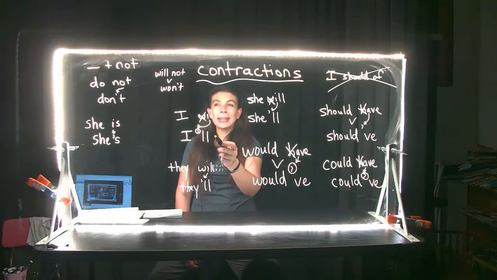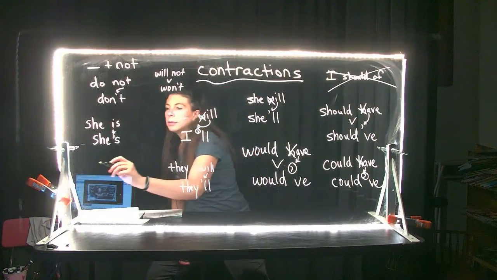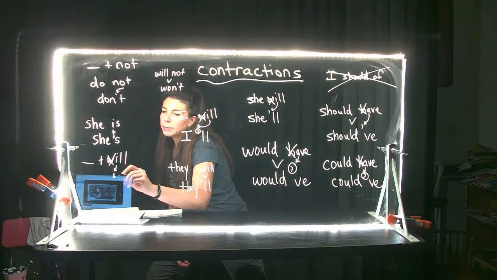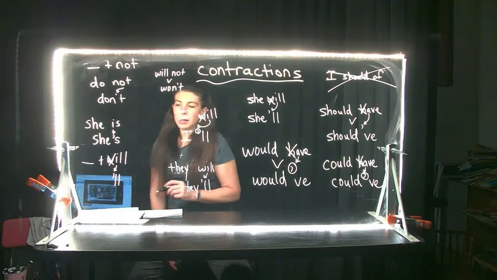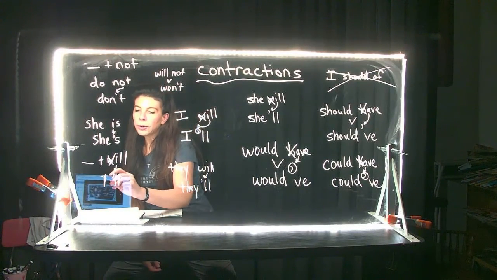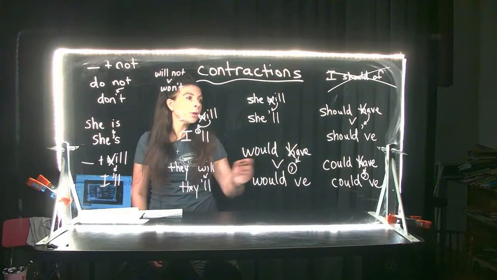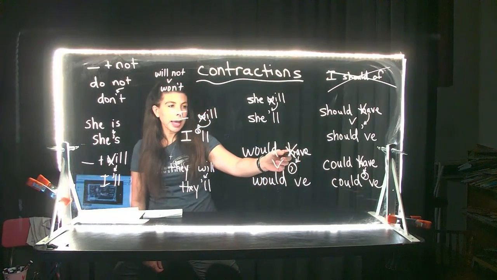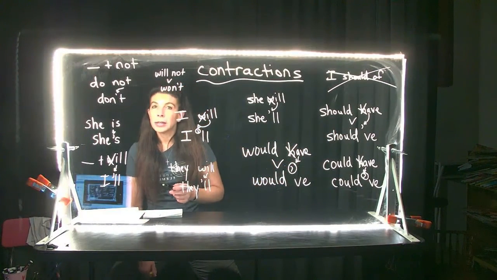So if you're adding will, something plus will, you drop the W, the I becomes the apostrophe, and you keep the LL. So I'll be coming. Could have, would have, should have, drop the H completely, the A becomes the apostrophe, and then you keep the VE.